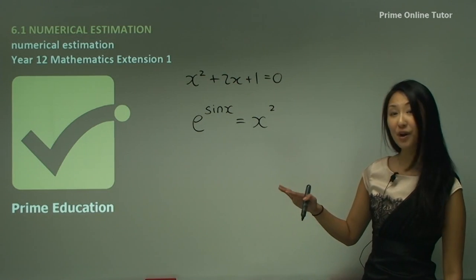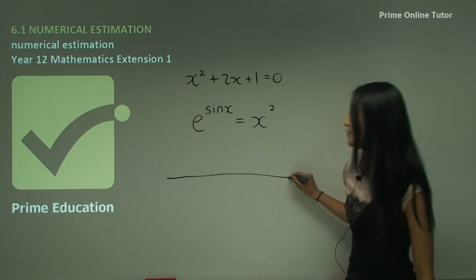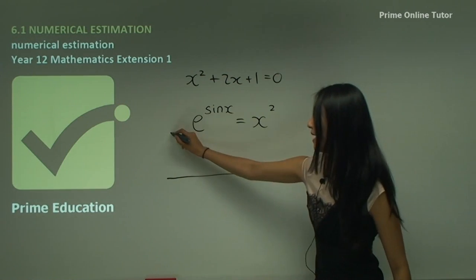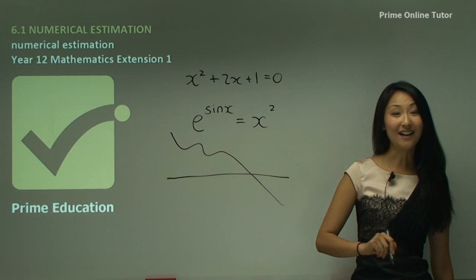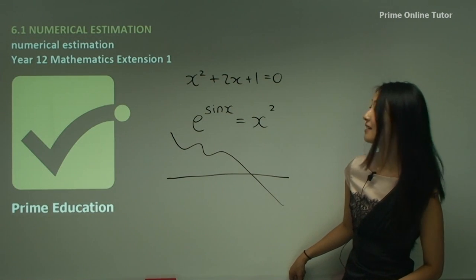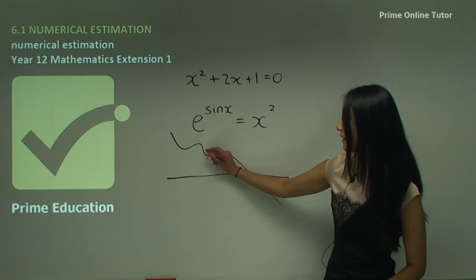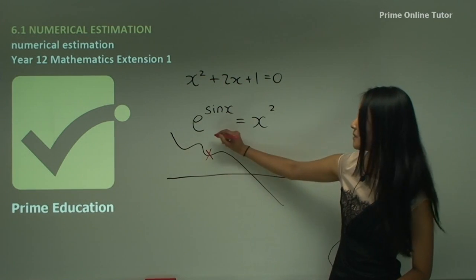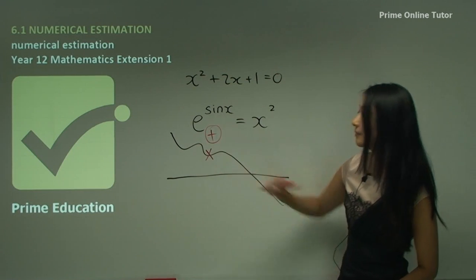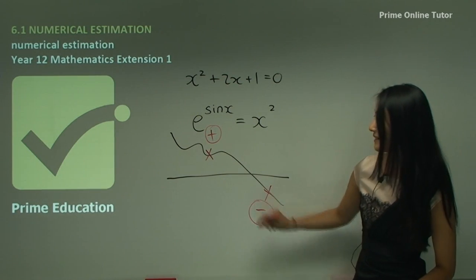So how we work with numerical estimation is, for example, I'm not quite sure what this graph looks like, but it might look something like that. What we do in the halving the interval method is we take two values. Let's say this value here, and you can see that's positive, and this value here, and you can see that's negative.